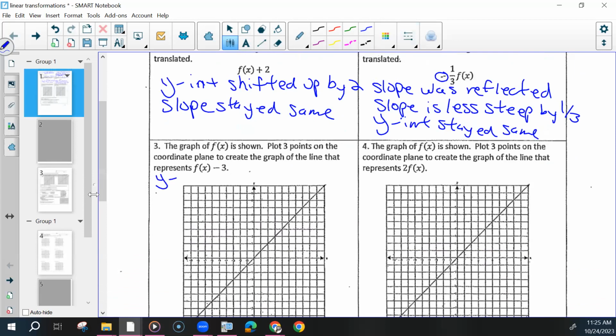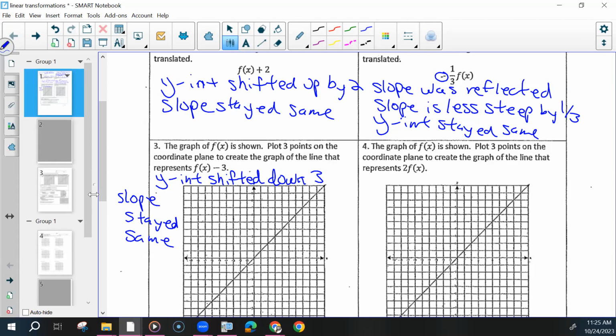Correct. This one also asks us to plot 3 points.